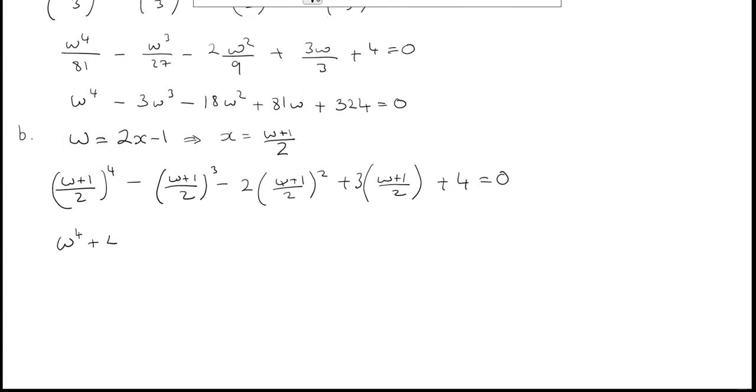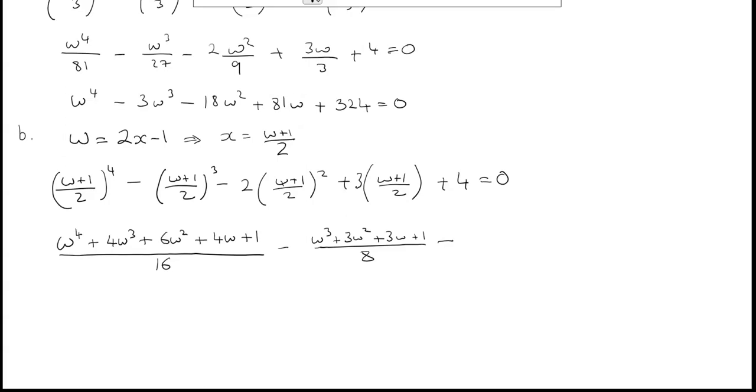So it's w to the 4 plus 4w cubed plus 6w squared plus 4w plus 1 all over, don't forget to do 2 to the power 4 at the bottom as well, minus, and that's w cubed plus 3w squared plus 3w plus 1 over 2 cubed, which is 8, minus 2 lots of, and then it's w squared plus 2w plus 1 over 4 plus 3, so we just put that as 3 over 2 w plus 1 plus 4 equals 0.